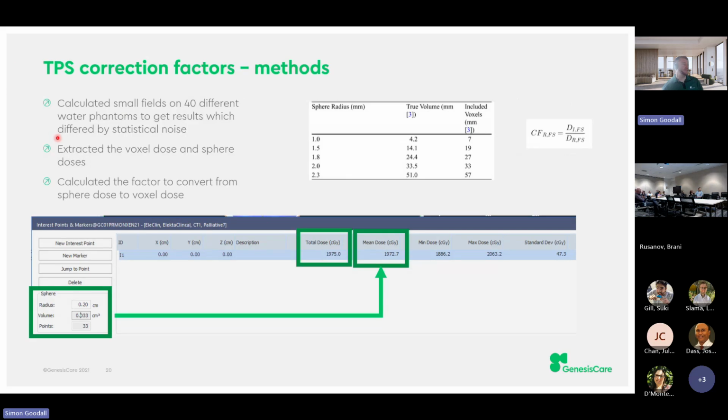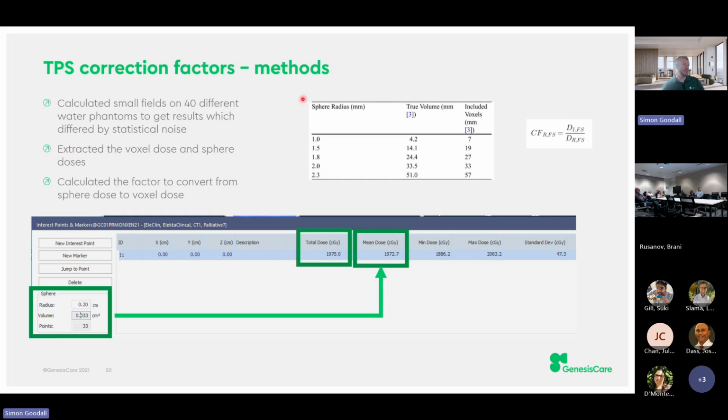So the TPS correction factors are a relatively straightforward process. We calculated output factors on 40 different iterations of a water phantom. So they're essentially the same calculation, and they vary only by the statistical noise. From there we could extract the dose at a given voxel, the isocenter dose for example, and we could also look at the mean dose to a small sphere.